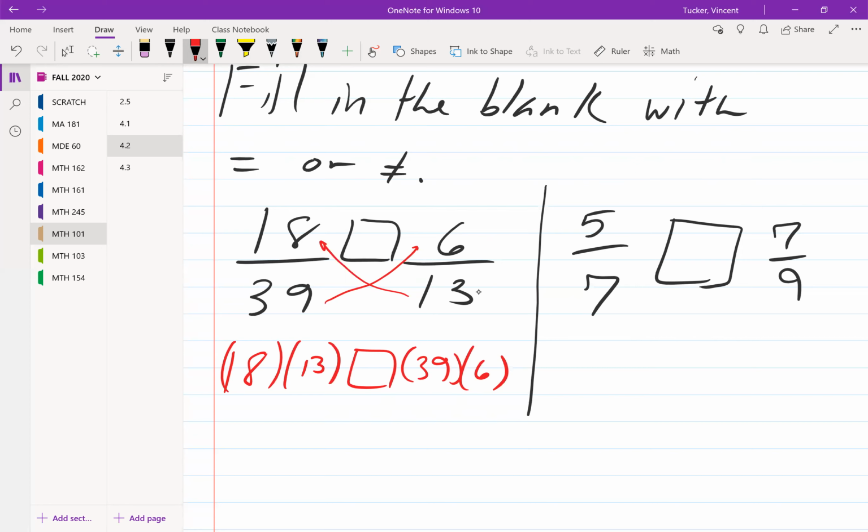When you multiply 18 times 13, you get 234. 39 times 6 is also 234. So they are equal. Since they are equal, that means 18 over 39 is equal to 6 over 13.